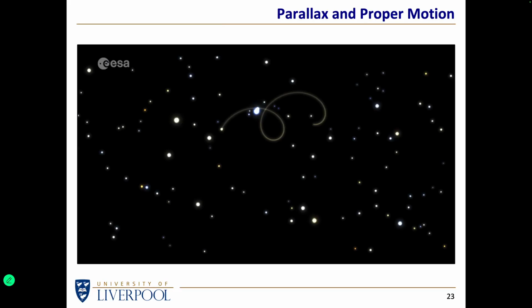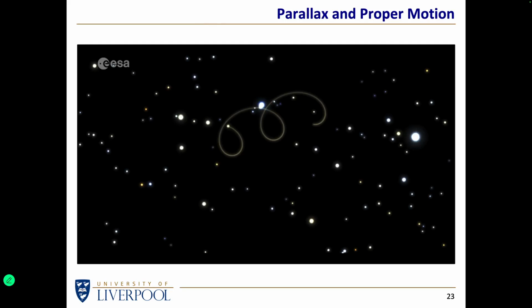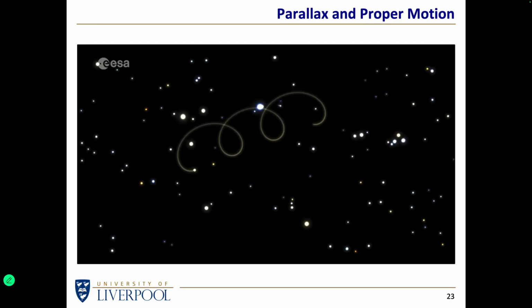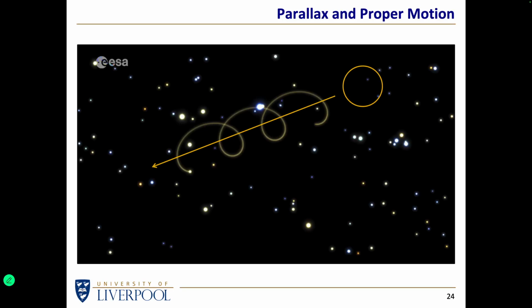It'll be a combination of the parallax circular motion, depending on distance, as well as the general drift of the star across the sky due to its motion throughout the Milky Way. In other words, what we really want to measure is the corkscrew motion of every star in the sky that can be seen.